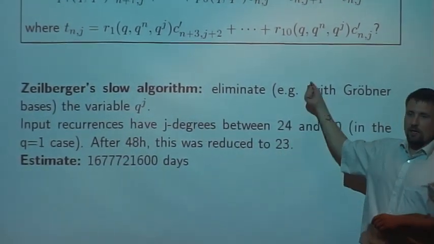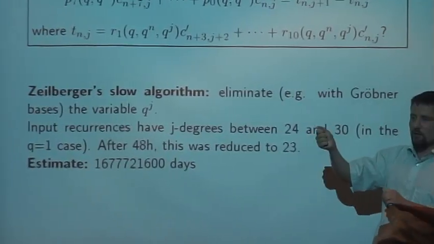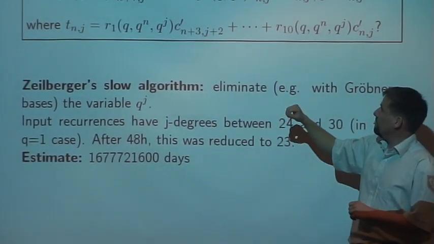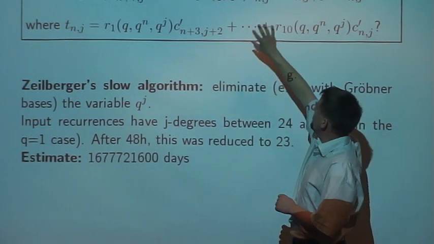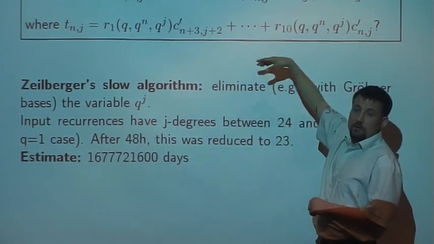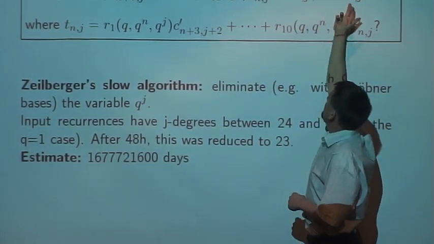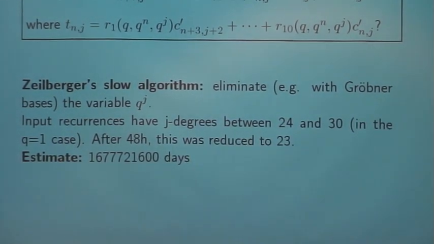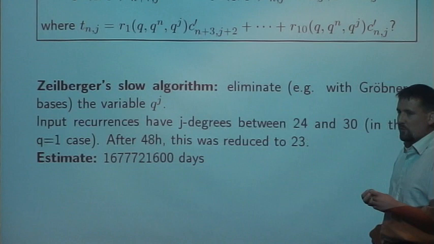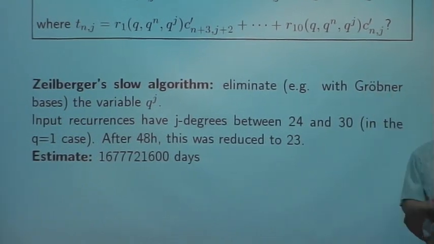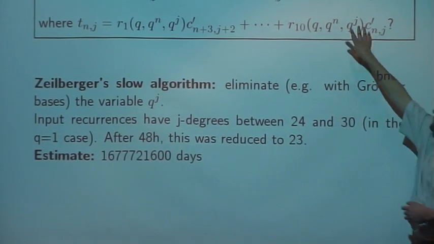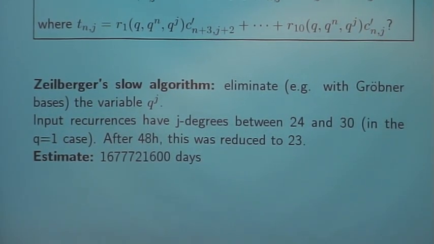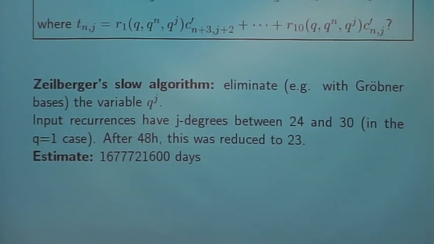We find a recurrence that does not involve q to the j at all, which then trivially can be rewritten in this form with the special property that then also on the right-hand side no j occurs. But okay, why not? It does the job. But we do too much. We are allowed to have j here, but we are also eliminating it from the right-hand side. And that's why it's so slow.